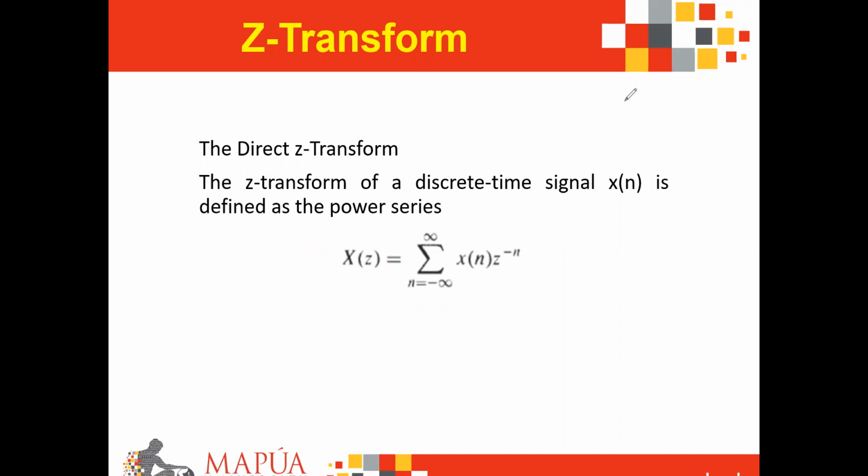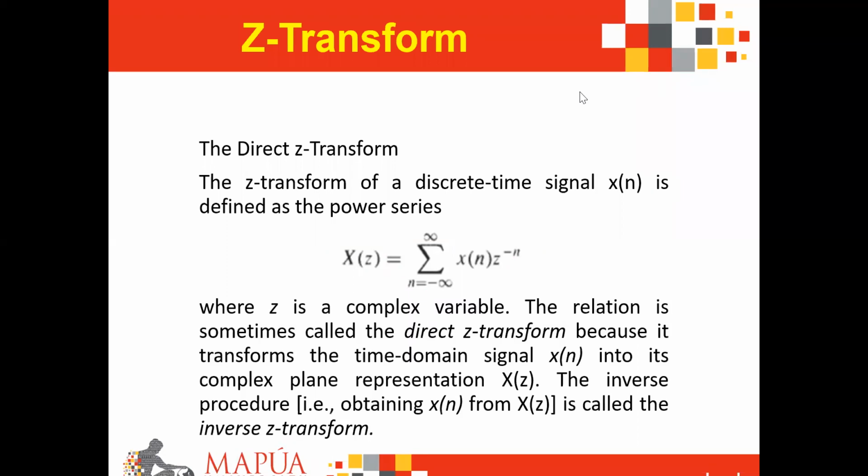No? So, basically, ganun lang kadali mag-transform ng z. So, where z is basically the complex variable, the relation is sometimes called direct z transform because it transforms the time domain signal, which is your x of n, into its complex representation z of n. So, basically, you also likewise do that on the inverse z. Kasi pag nag-inverse z ka, naalala ba yung Laplace transform? Di ba may inverse Laplace? When we try to make the signal and change it back to the time domain, gagamit tayo ng inverse Laplace.